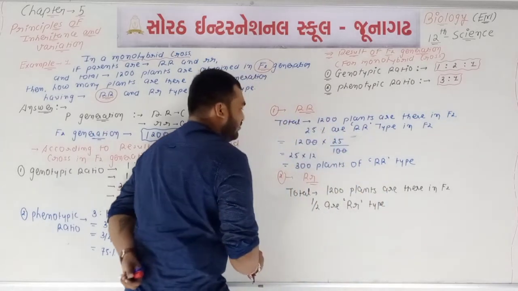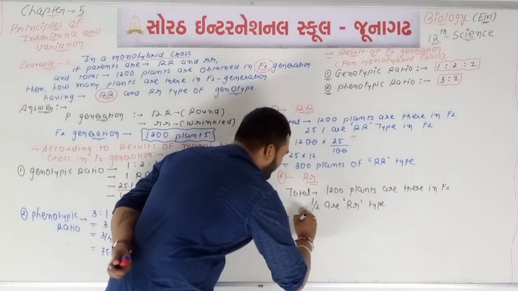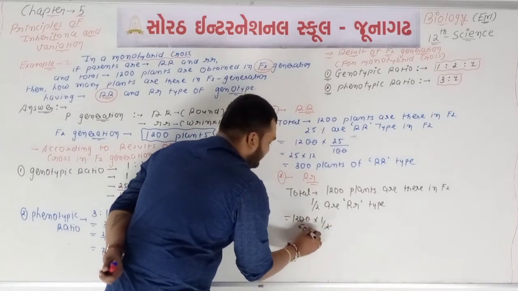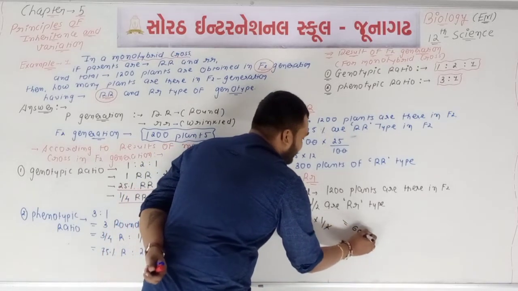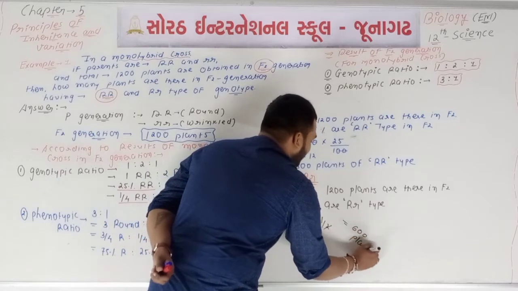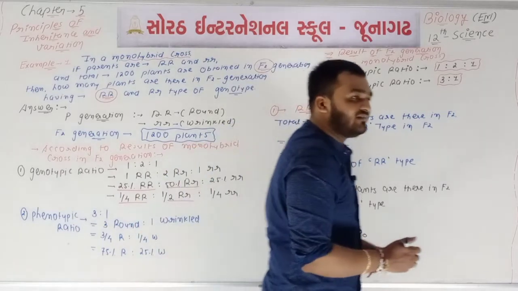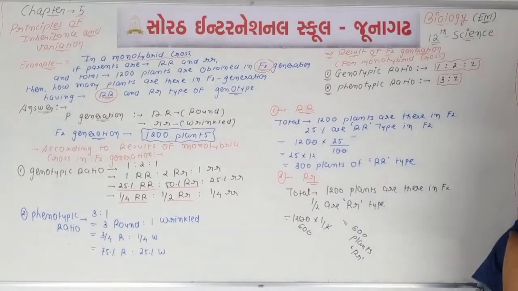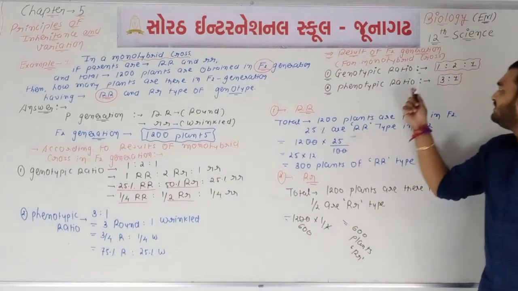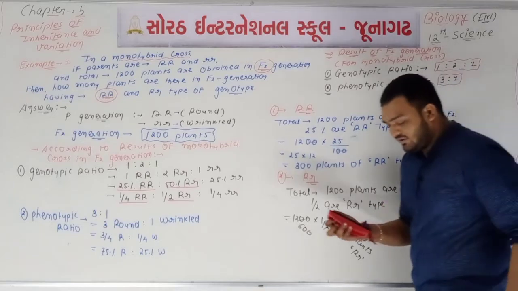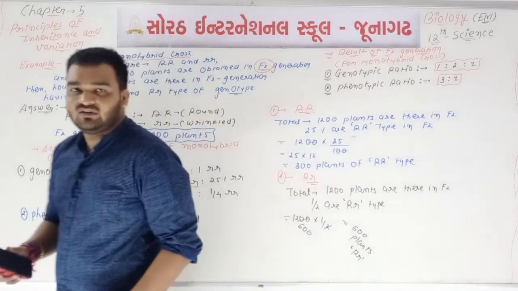So capital R small r type is equal to 1200 multiplied by 1 upon 2, which is 600 plants. So 600 plants are of capital R small r. It is a very easy example, but this equation is very important, and each and every step is important. So this is the first example of this lecture.